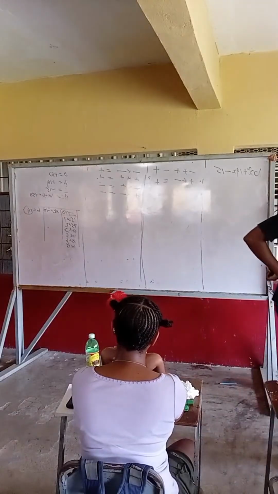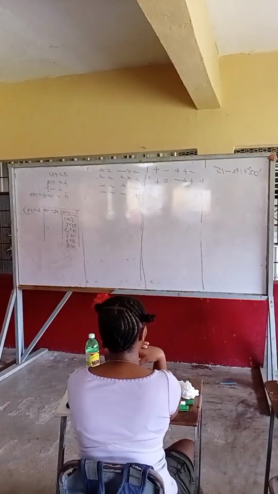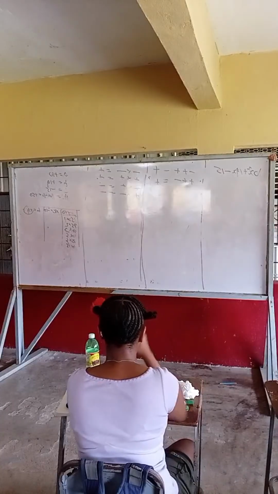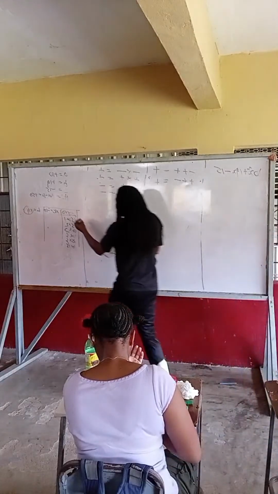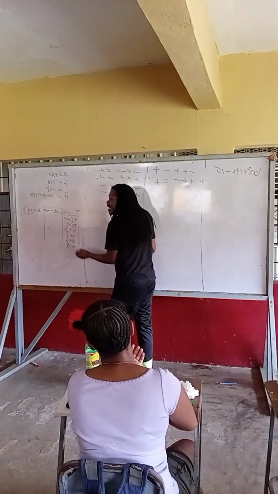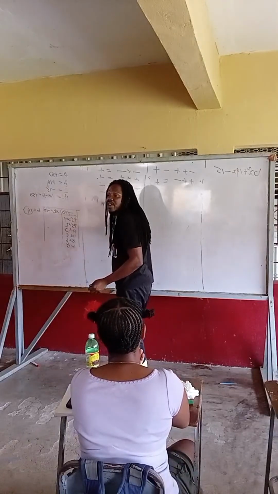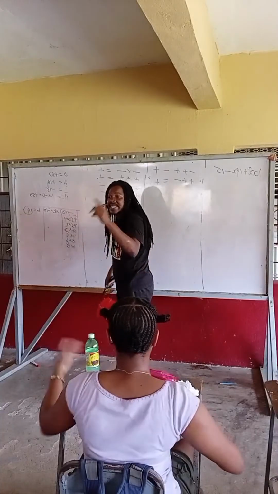So if it equals negative, then you know which number will be negative, the bigger number. Are you understanding what I'm saying? You understand? Yes. So therefore, we said it's a negative 150. No, positive 150, negative 1. Everybody see that? Because why? The bigger number is positive, for us to get a positive 19. Are you understanding the principle?